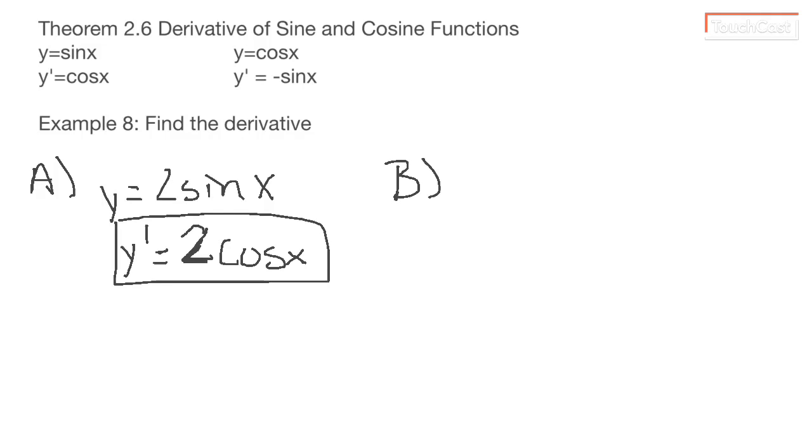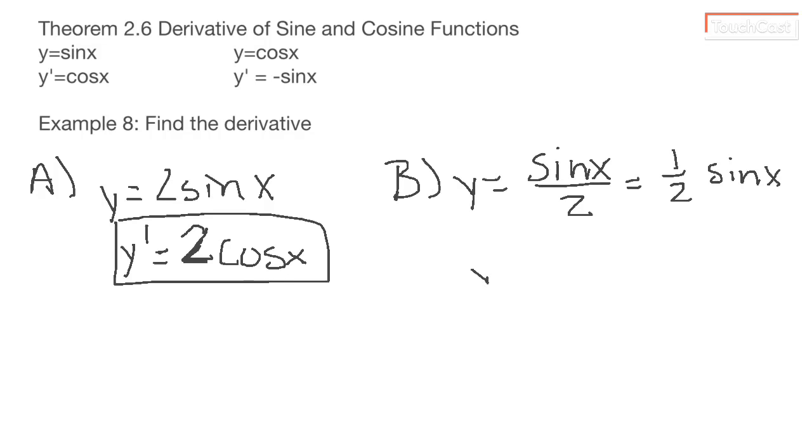8b. Let's look at that one. We're going to have y equals sine x over 2, which really means we have 1/2 sine x. So let's find the derivative of that. Well, we know that 1/2, or even the division by 2, since that's what 1/2 is, that's a constant multiple.